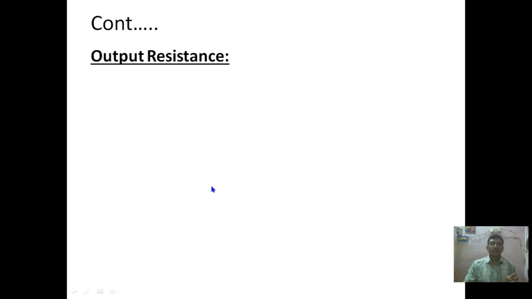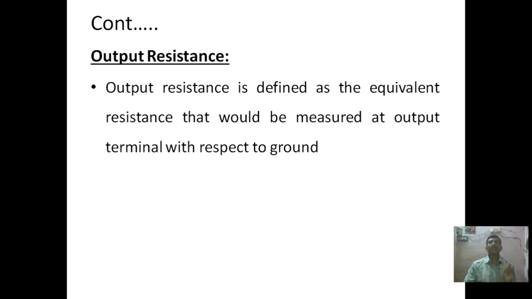Now we are going to calculate the output resistance of our differential amplifier. The output resistance is defined as the equivalent resistance that would be measured at the output terminal with respect to the ground. So in the equivalent circuit, we have to see from the output side. Whatever resistance is present, that will be our output resistance.